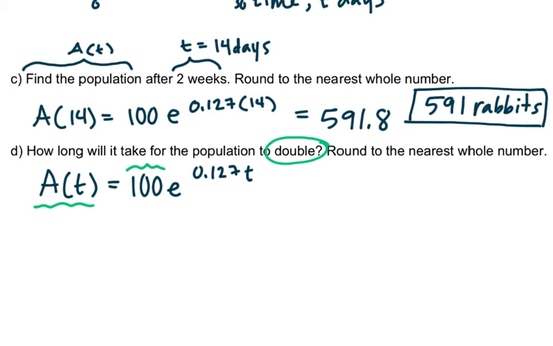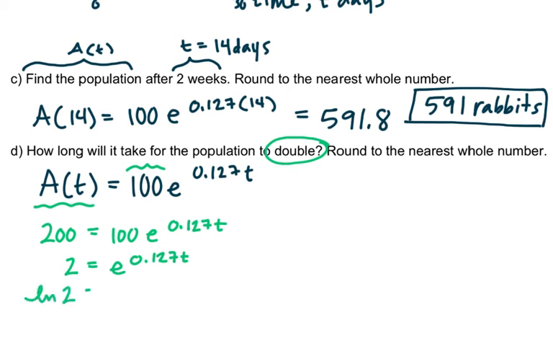So in order to think about solving this, I would say 200 equals 100 e to the 0.127 t. So now we have to solve an exponential equation. I can divide by 100 on both sides, and 200 divided by 100 gives me 2. In order to solve this exponential equation, I would then take the natural log of both sides.